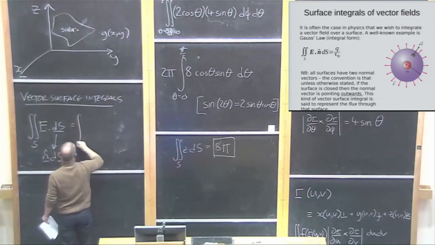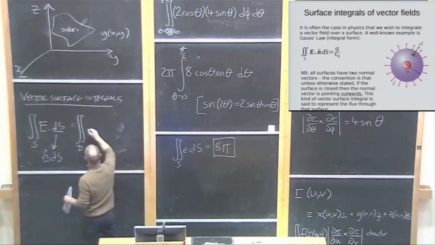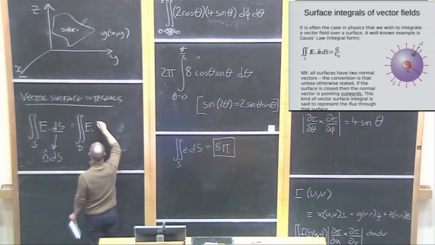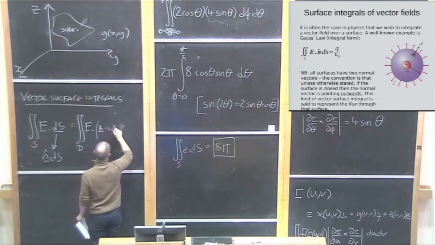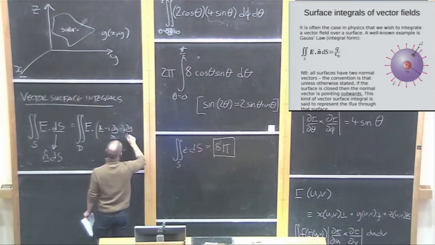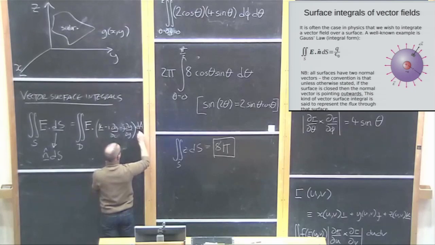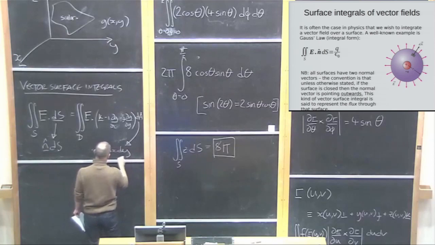This will equal the projection of this vector field onto some plane, typically the xy plane, where you now integrate the dot product of your vector field with k minus i dg/dx minus j dg/dy with respect to dA, where this dA is typically dx dy.